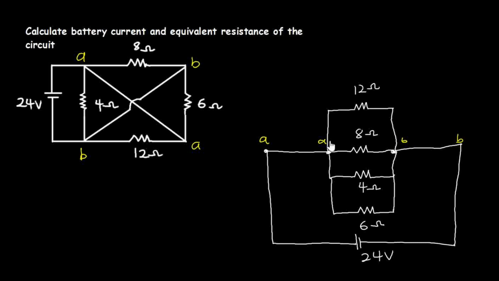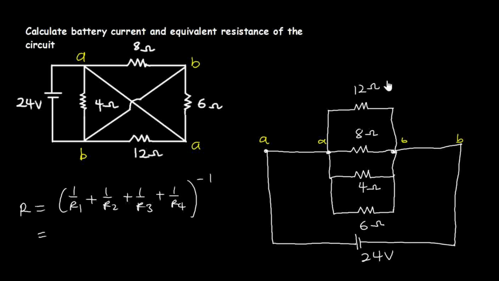After doing this, we see that this circuit tells us directly that all the resistors are in parallel connection, so you can calculate the effective resistance, and R will be equal to 1 over R1 plus 1 over R2 plus 1 over R3 plus 1 over R4, since we have 4 resistors, all to the power of -1.